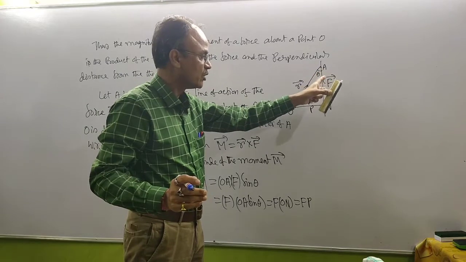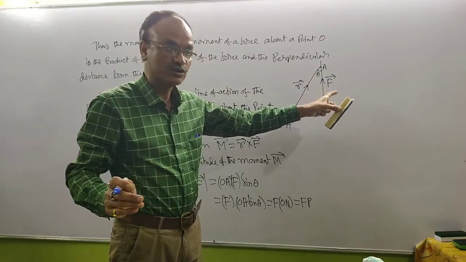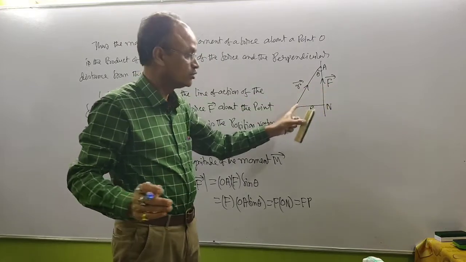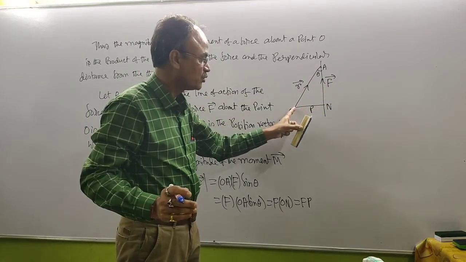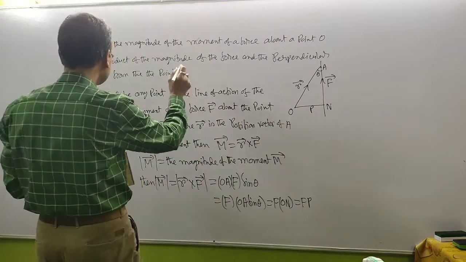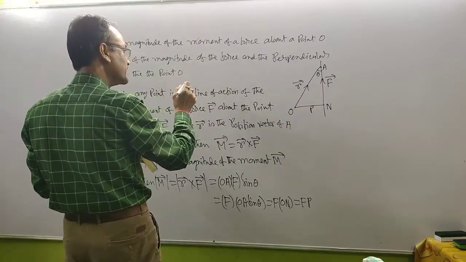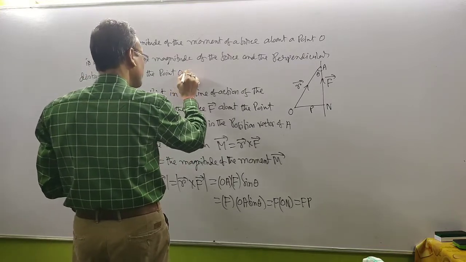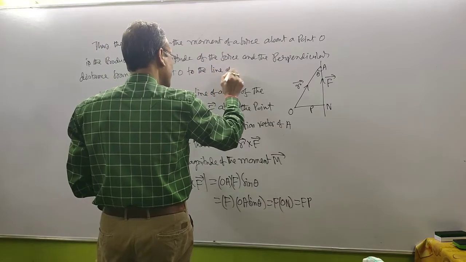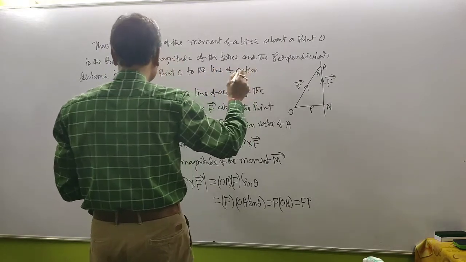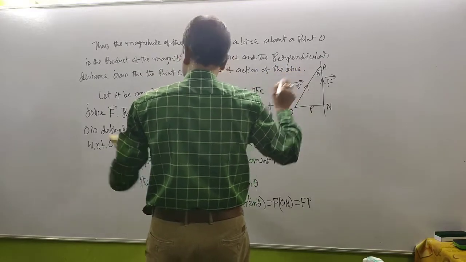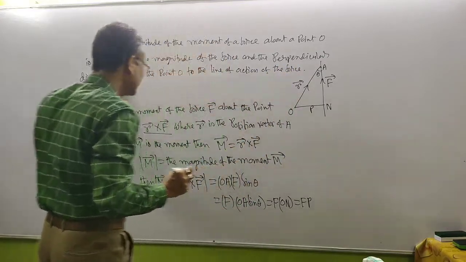The magnitude of the moment of the force F about the point O will be equal to F into the perpendicular distance from the point O to the line of action of the force.